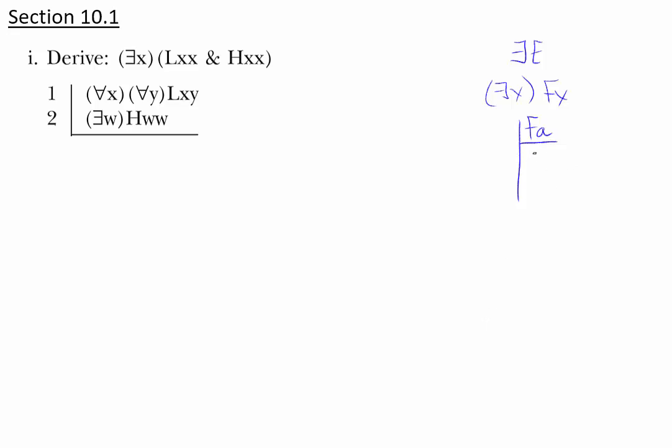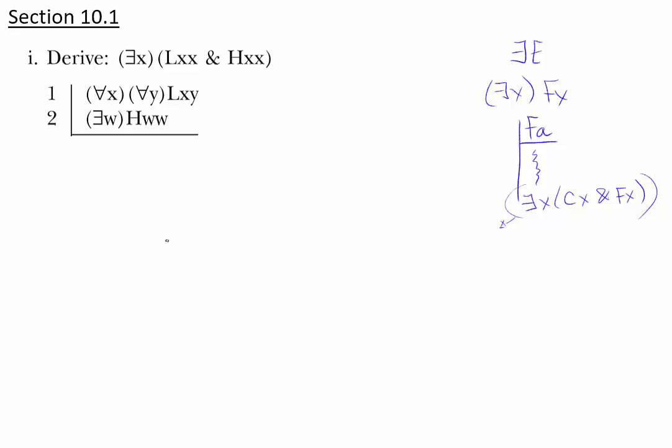If we assume Fa and then we go about showing a bunch of stuff, if we get to something useful, whatever that something useful happens to be, then we can assert this that we've shown. So we can bring that back here and assert it. And that's exactly what this is.